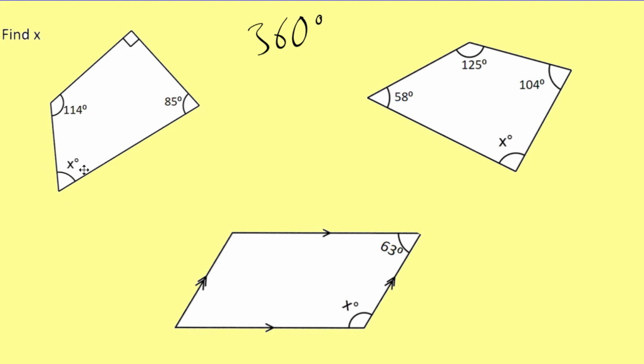So to find x here, we're going to do 360, and we'll take off these 3. Remember, this one is 90. So we do 360, we take away 85, we take away 114, and that leaves us with 161 degrees. Does that look right? Have I missed something out?